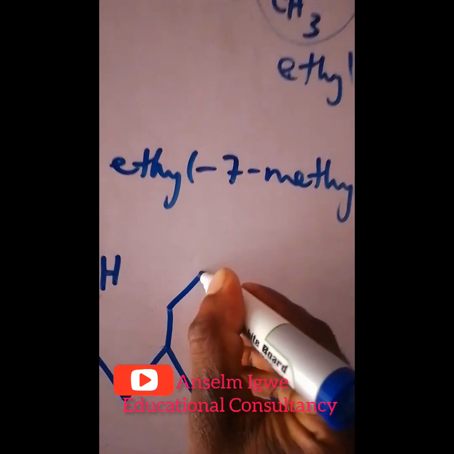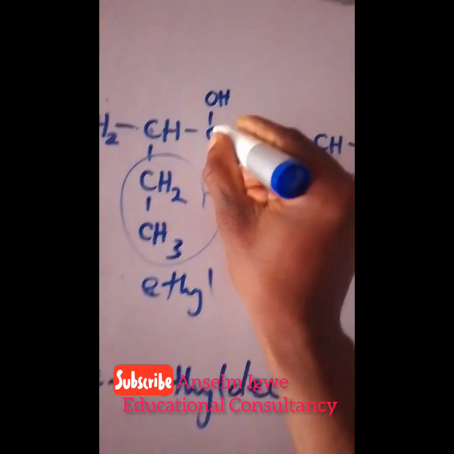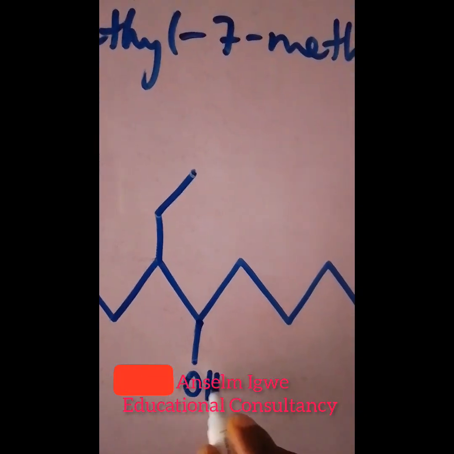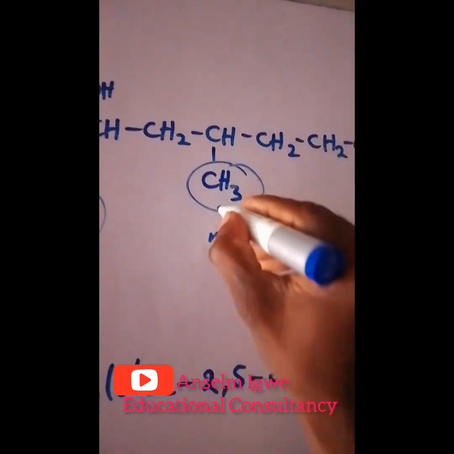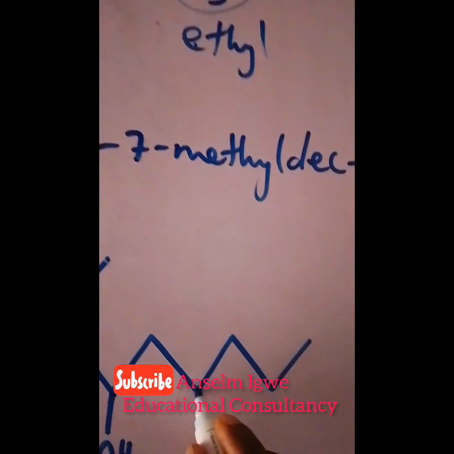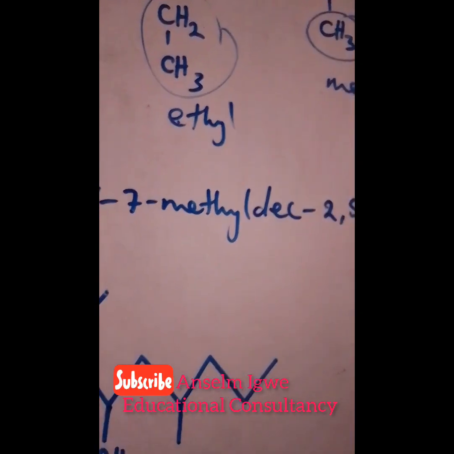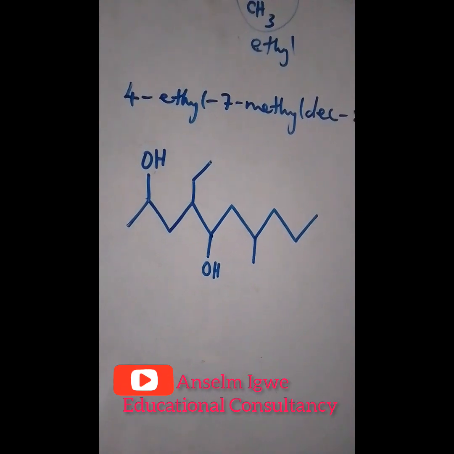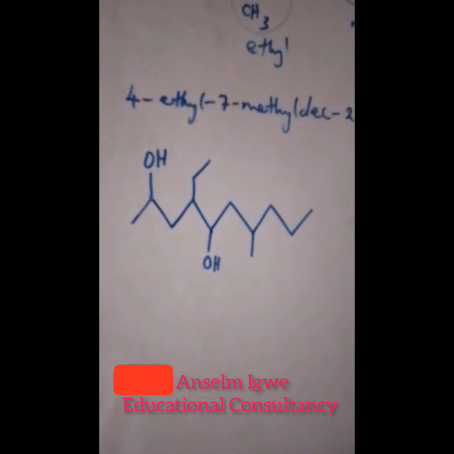On the fifth carbon we have OH. On the seventh carbon we have methyl. Seventh carbon, methyl. And this is the simplified version of the formula called the skeletal formula.